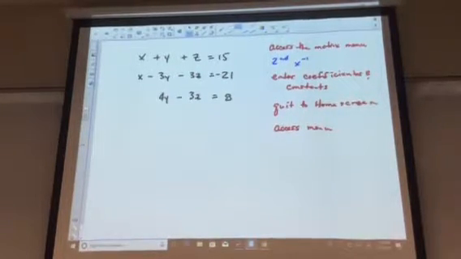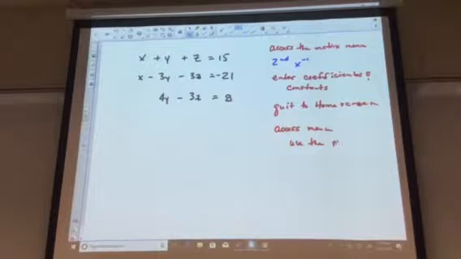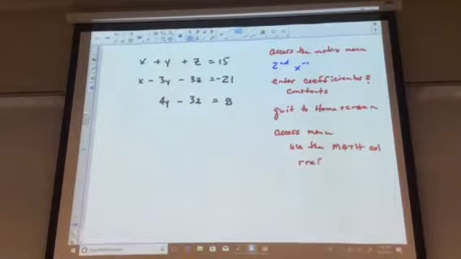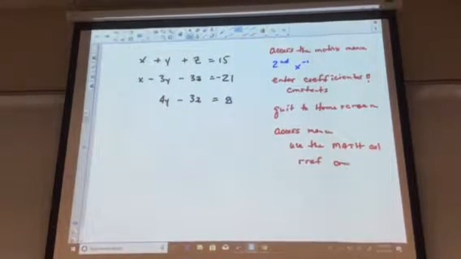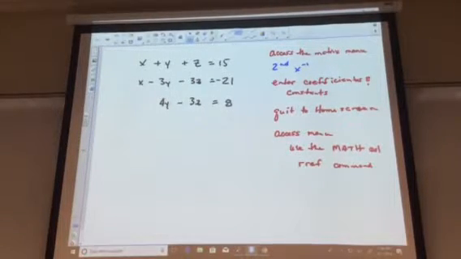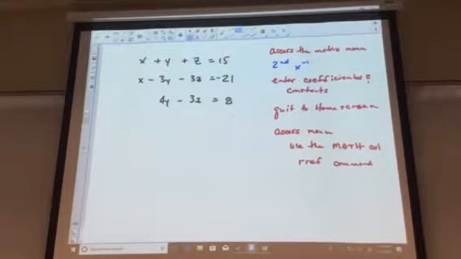And after accessing the menu, we're now going to make use of the math column. Because in that particular column, we're looking for the RREF command, which is essentially the do all this work for me so that I don't have to do it by hand. So that's the shortcut way of doing things.